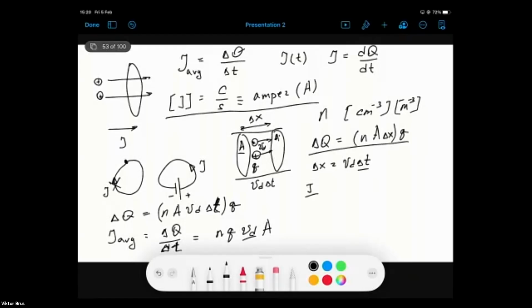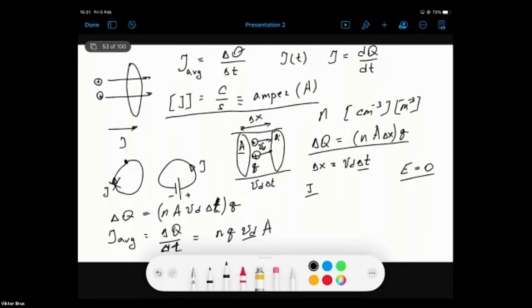So drift velocity is some average velocity of charge carriers in the direction of the electric field, like the internal electric field, which already exists in the conductor. Because so far, again, I focus your attention here, we were talking before about equilibrium conditions and claimed that the electric field is equal to 0 inside conductors, in the volume of conductors.